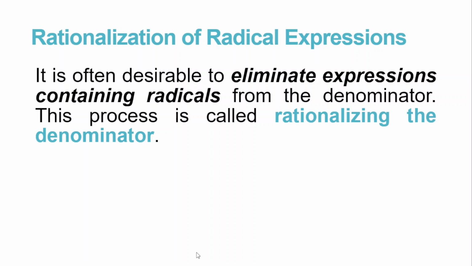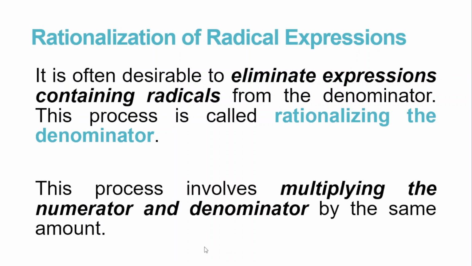This process is what we call rationalizing the denominator. The process involves multiplying the numerator and the denominator of the quotient by the same amount, and that amount eliminates the radicals in the denominator, often using the fact that the square root of a number multiplied by itself gives just the number. So let's have an example.